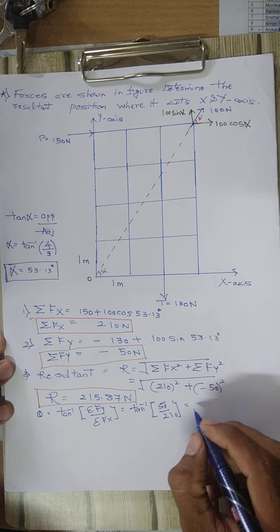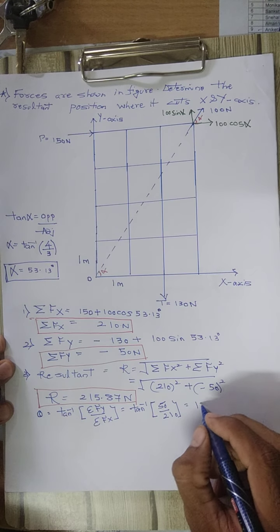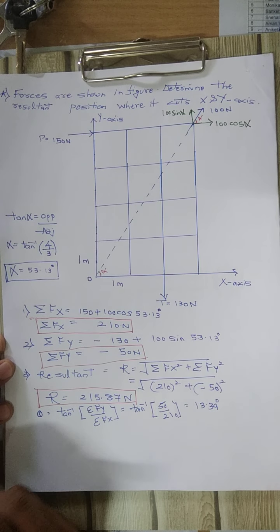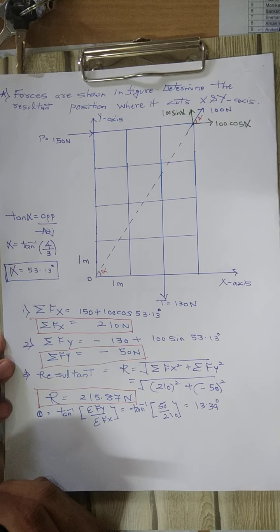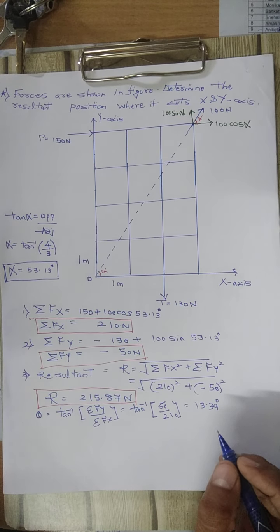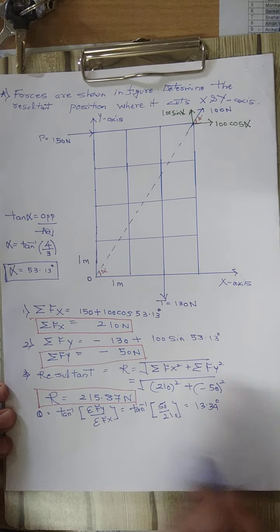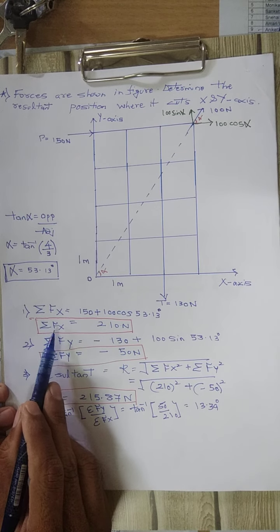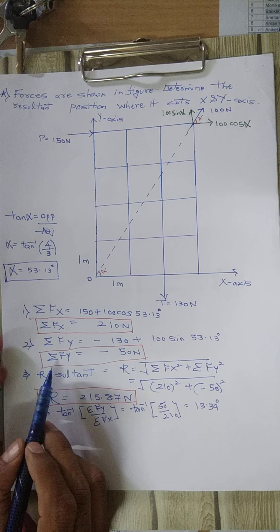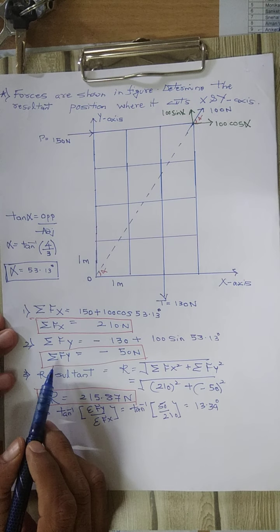The value comes to be 13.39 degrees. So the angle made by the resultant is 13.39, and it is acting along the fourth quadrant. How have we decided that it is acting in the fourth quadrant?